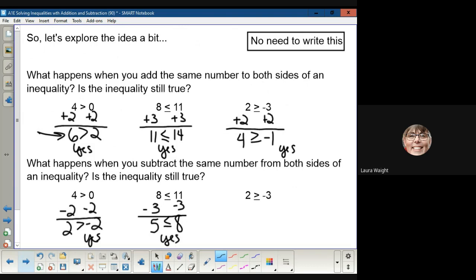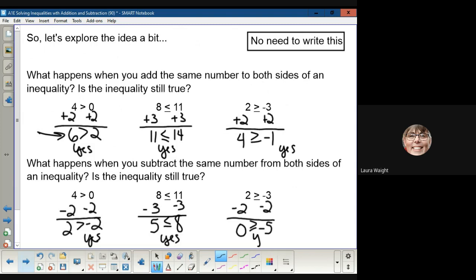And then the last one, we're going to subtract 2 again, like we did up above, except now we're subtracting. 2 minus 2 is 0. Is that greater than or equal to negative 3 minus 2? Negative 3 minus 2 is negative 5. Is 0 greater than or equal to negative 5? Yeah, it is. It's a bigger quantity than negative 5.